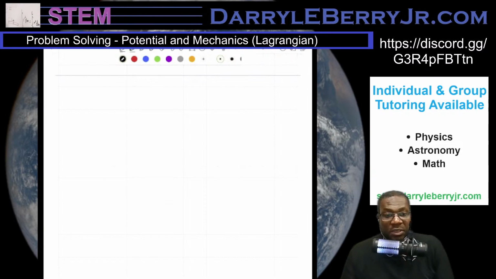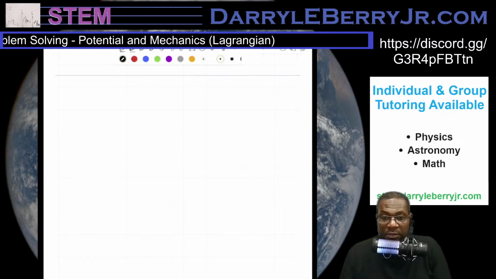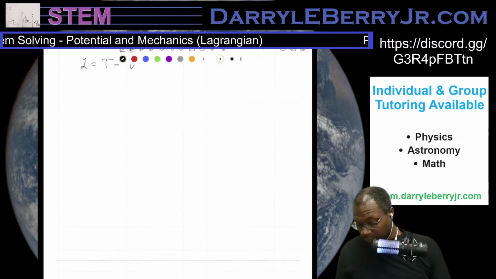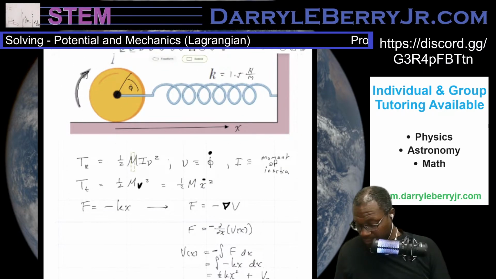I'll look up rotational kinetic energy. Yeah, it is just I omega squared. I don't know why I have an M there.